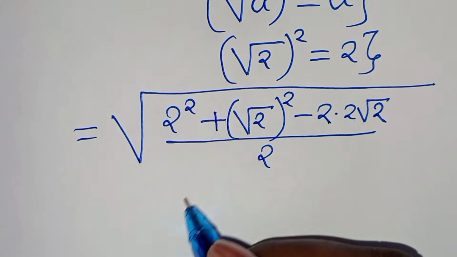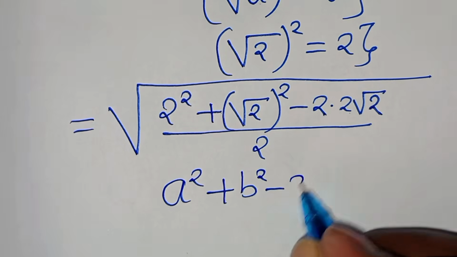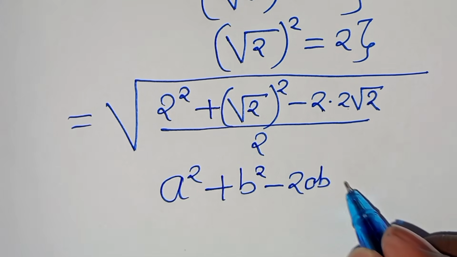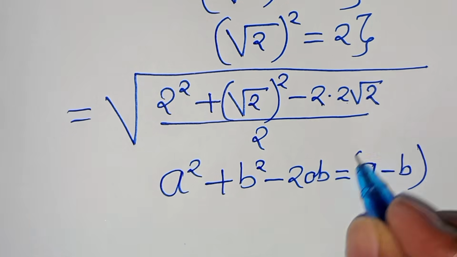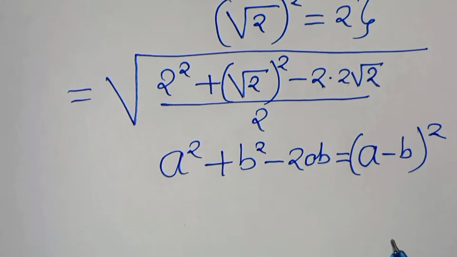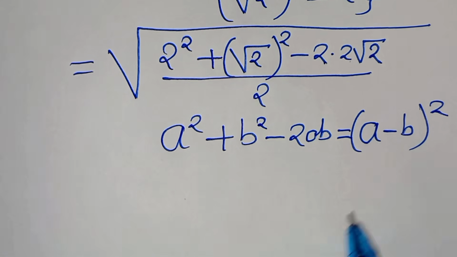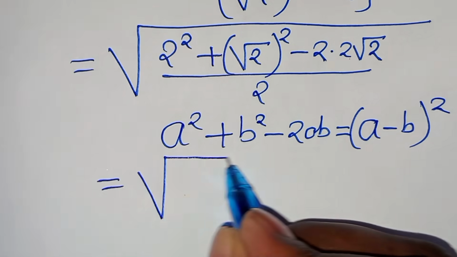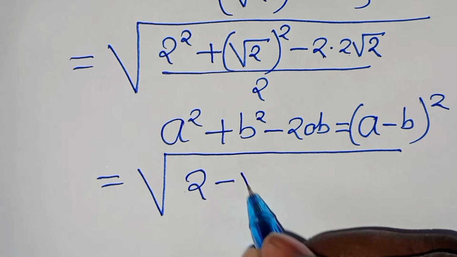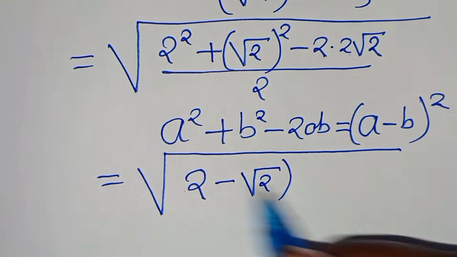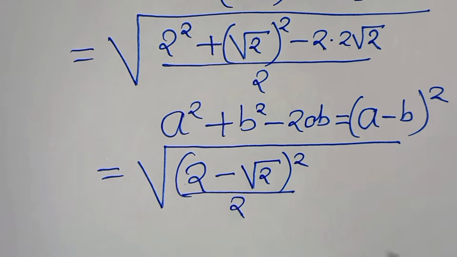This is in the form of a squared plus b squared subtract 2ab, which we can express as a minus b raised to the power of 2. Now let's apply this algebraic identity, so that now here we have the square root of 2 subtract the square root of 2 raised to the power of 2, then divided by 2.